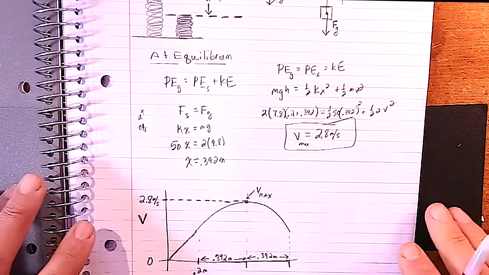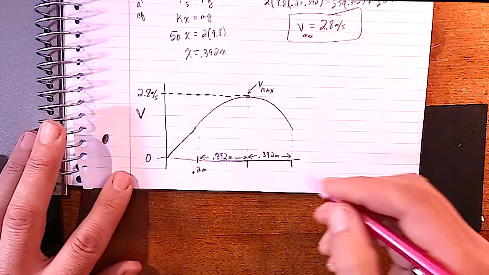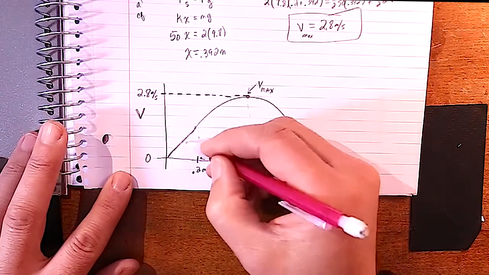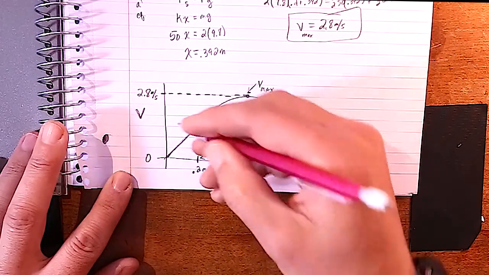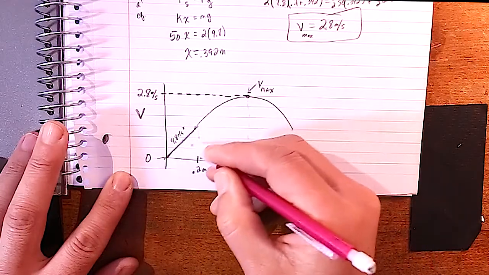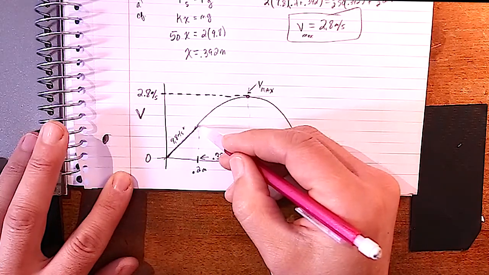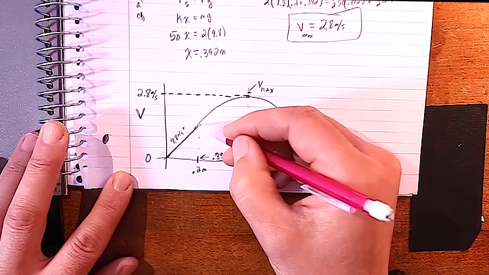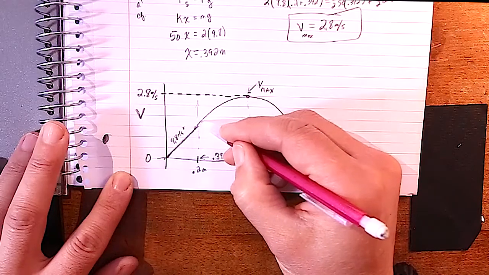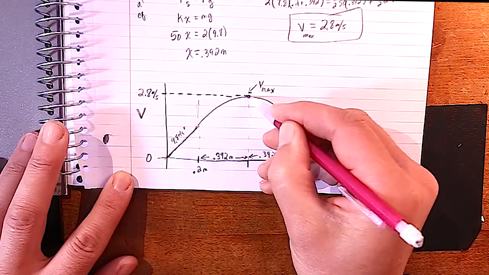So I thought it would be good to sort of go over this and look at the graph. So during the first 0.2 meters of fall, this is accelerating at 9.8 meters per second squared. It's just falling. Then it comes in contact with the spring, and the velocity is still going up, but the rate at which it's going up is decreasing until it gets to this point.